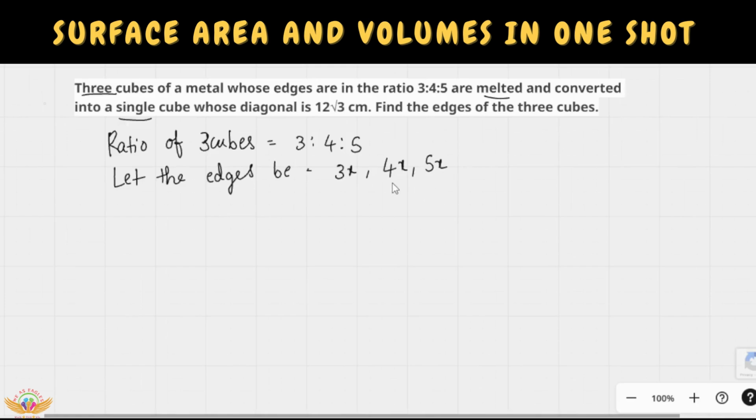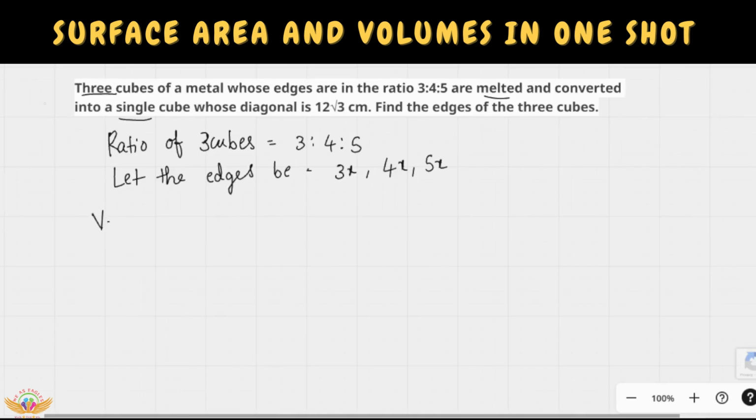Done. So now I want to find out the volume of these cubes. There are total 3 cubes. Let me find out the volume. If I know the volume, then I can understand that the entire volume has been made again into a single cube. That's what is said in the question.